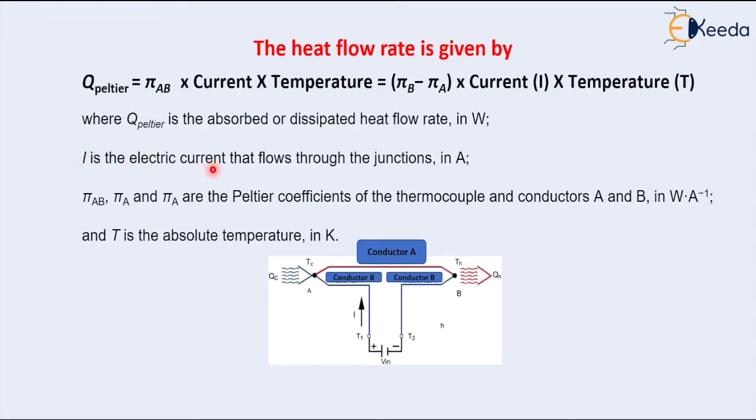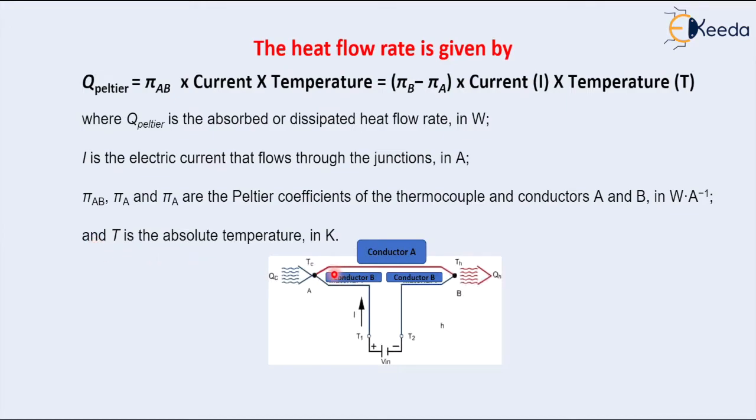I is the electric current that flows through the junction, in ampere. Pi AB, pi A and pi B are the Peltier coefficients of the thermocouple and conductors A and B, in watt per ampere. T is the absolute temperature, in Kelvin.